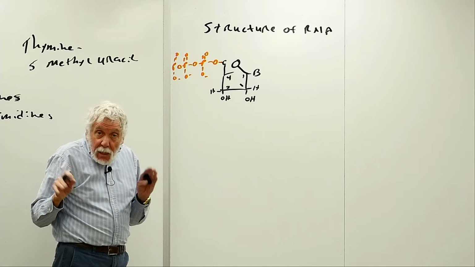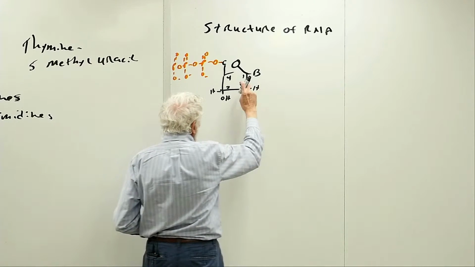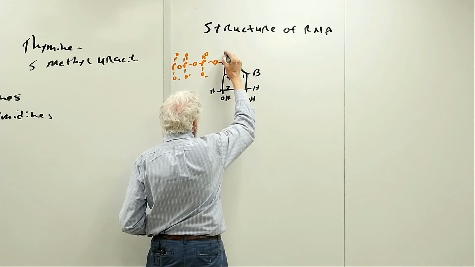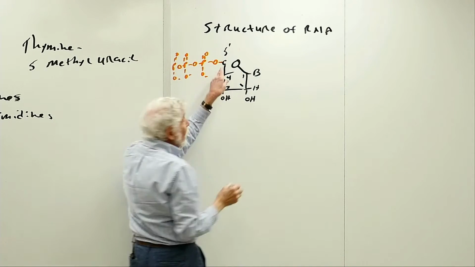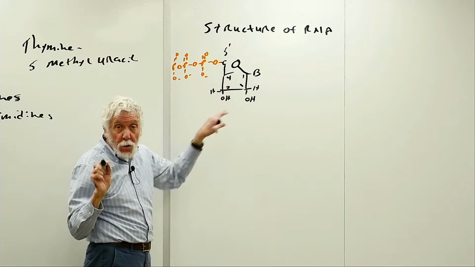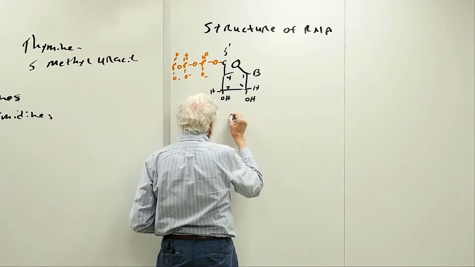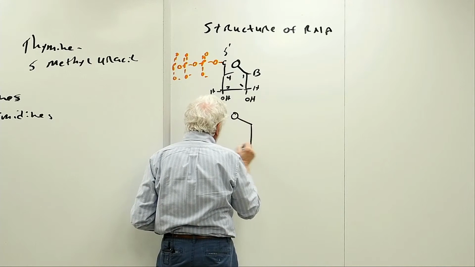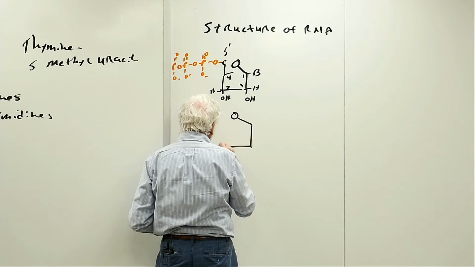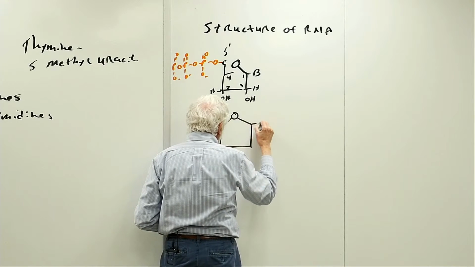Again, I think you can begin to see where we're headed with this. We number the carbons, 1, 2, 3, 4, this is 5. It's going to make this the 5' end of the molecule, just as we saw yesterday with DNA. And then the next structure here is going to be another 5 carbon sugar. Again, it's going to have a base here.